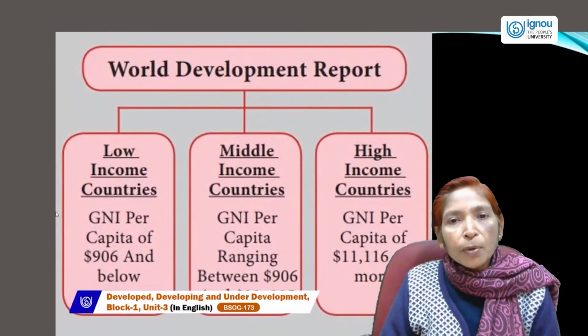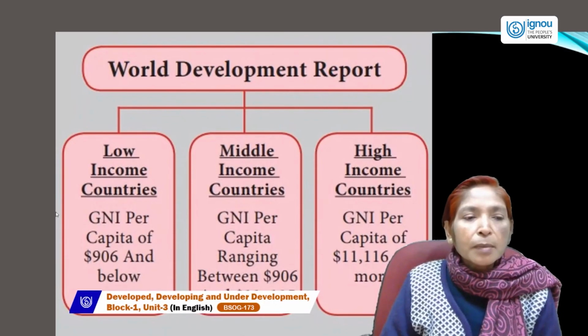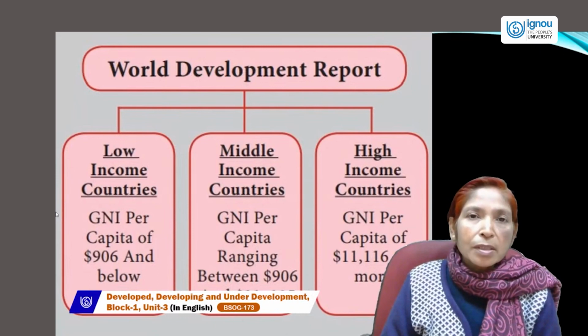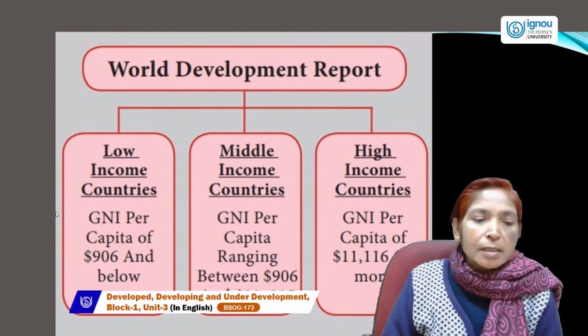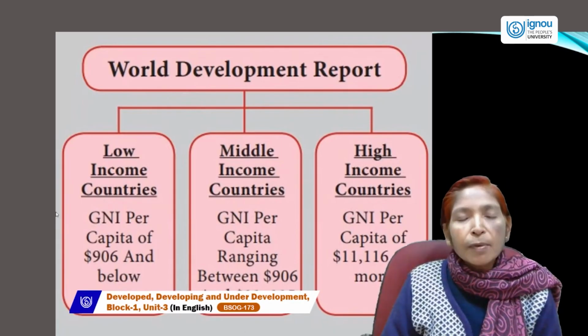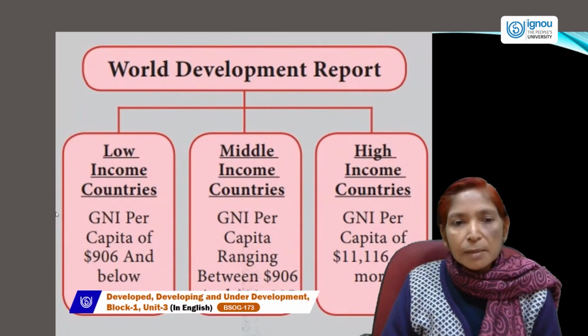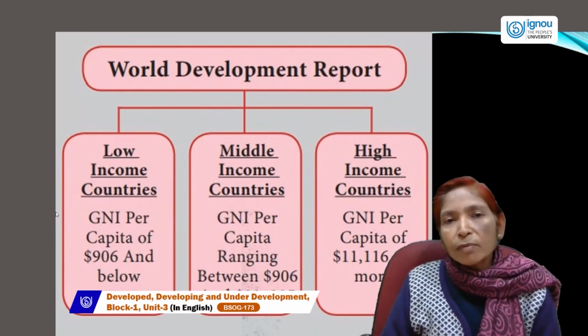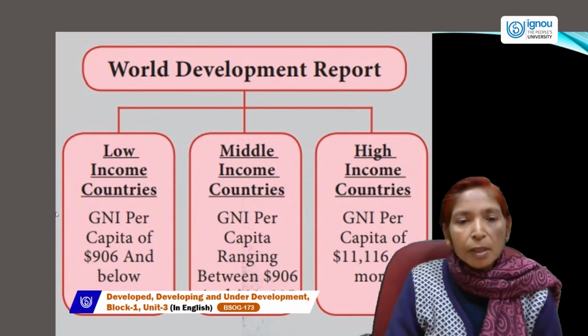Now, World Development Report said that low-income countries are those countries in which GNI, gross national income per capita, is $906 and below. That type of countries are called low-income countries. And middle-income countries' income lies in between 906 to $11,115, and 11,116 or more than that is called high income countries.